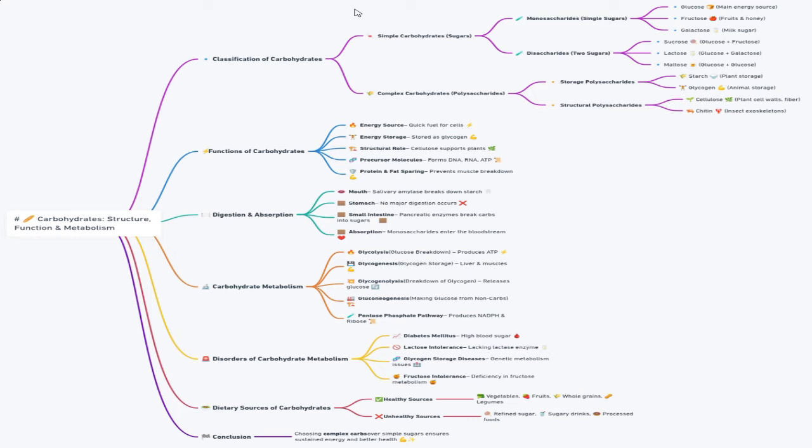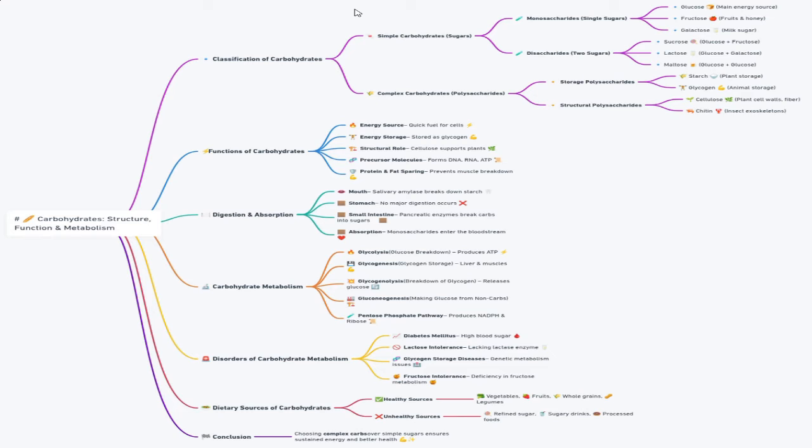Starch and glycogen are storage molecules. Chitin and cellulose are structural molecules, and cell surface polysaccharides are recognition molecules. Right, so those are the structures and roles of some polysaccharides.